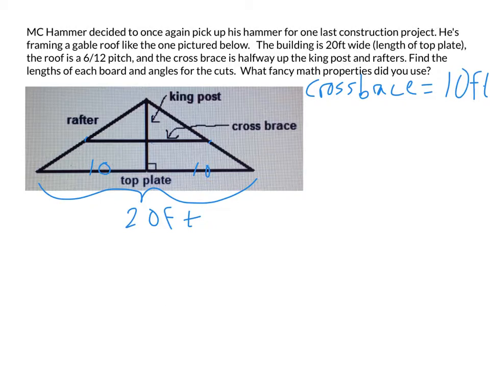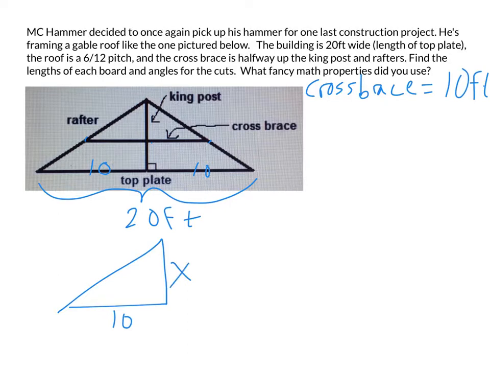This is going to have to go back into some older concepts. So what I have basically is a right triangle. I'm cutting this whole thing, just taking the left half of it. If this is 10, and it's a 6/12 pitch, I can figure out what my king post is.